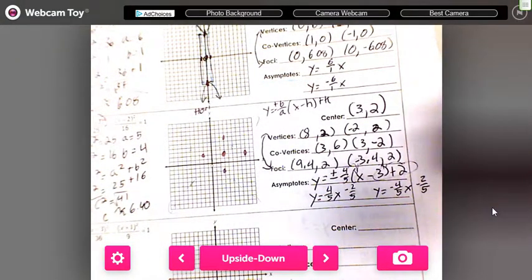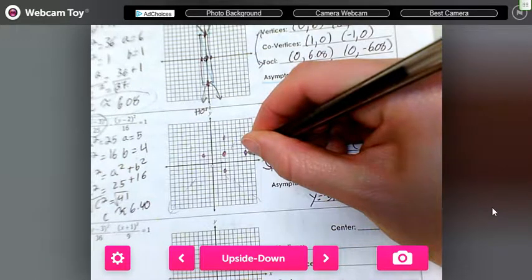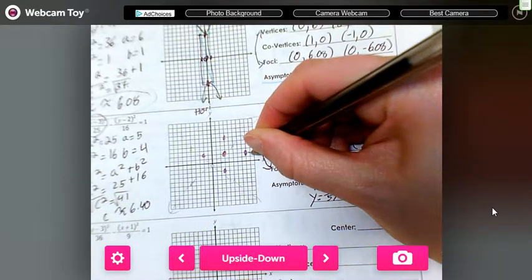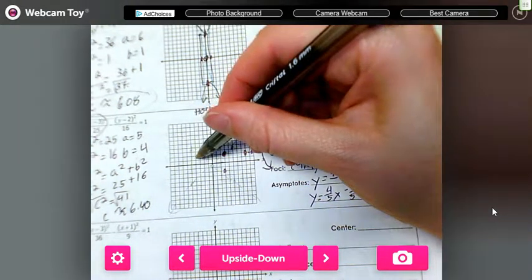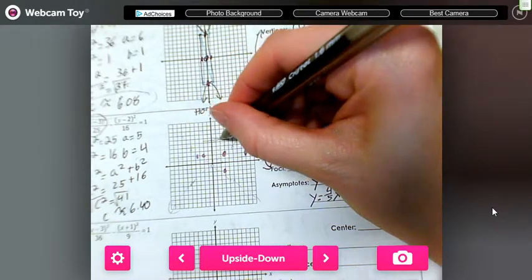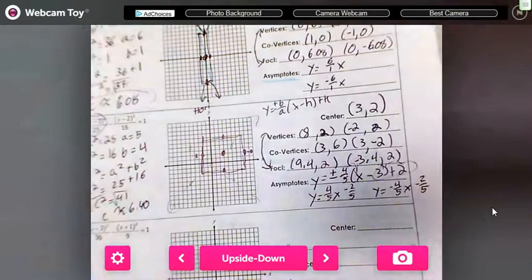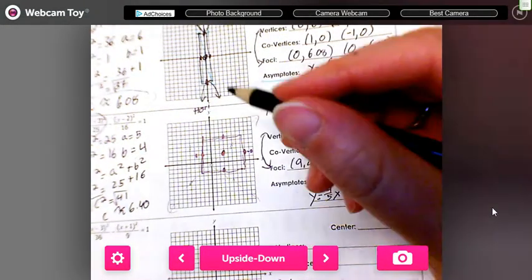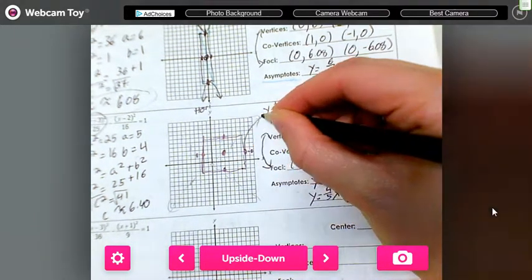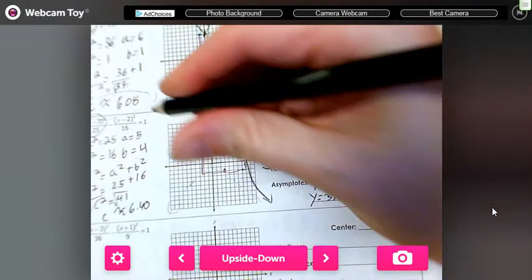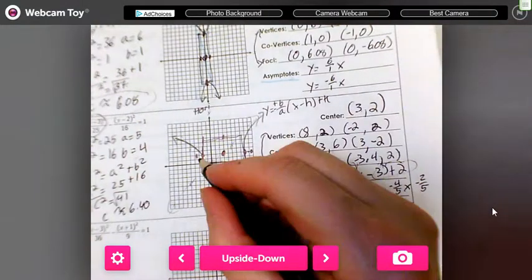And then my focus points are like 9.42, so it's over here, and this is negative 3.42. I'm looking at this box right here to help me see where my points are going. So I go from the vertices and I just put it along the asymptotes.